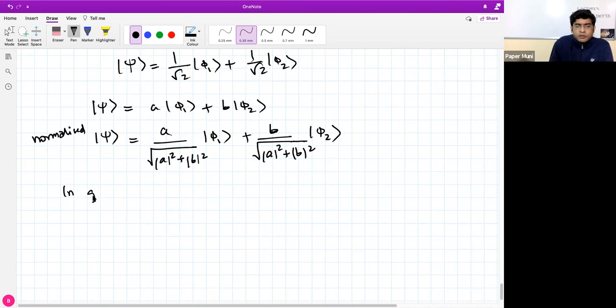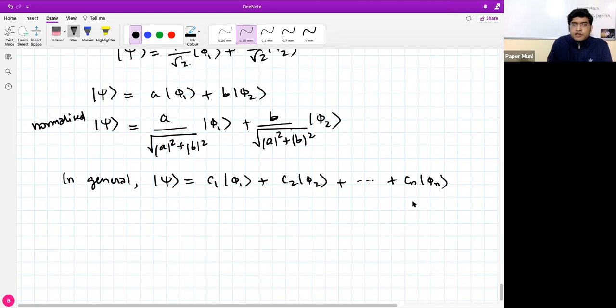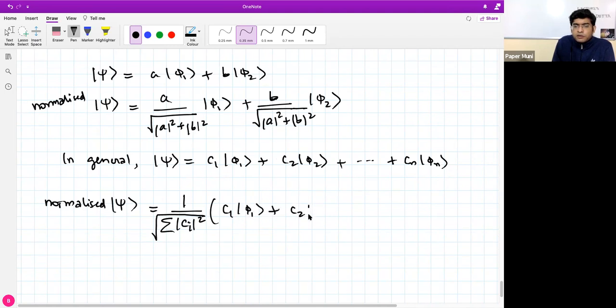In general, if you have a state made up of C1 phi 1 + C2 phi 2, and so on, up to Cn phi n, and you want to write the normalized psi, you take the whole factor common and multiply by 1 over the root of the sum, then C1 phi 1 + C2 phi 2, and so on, Cn phi n.